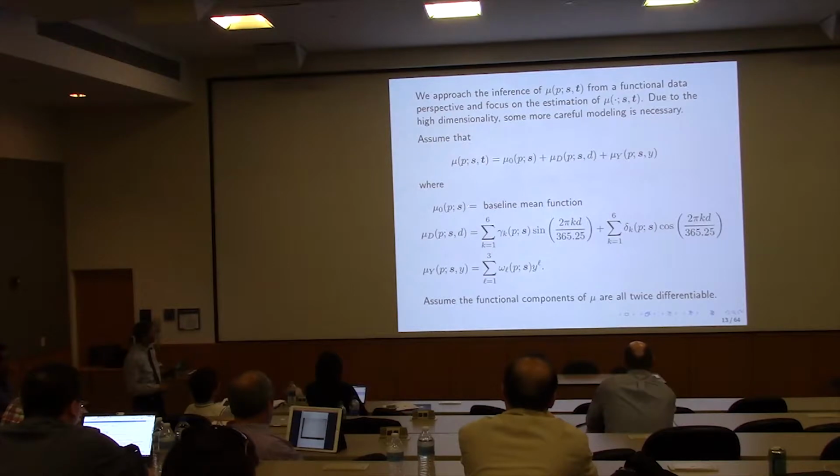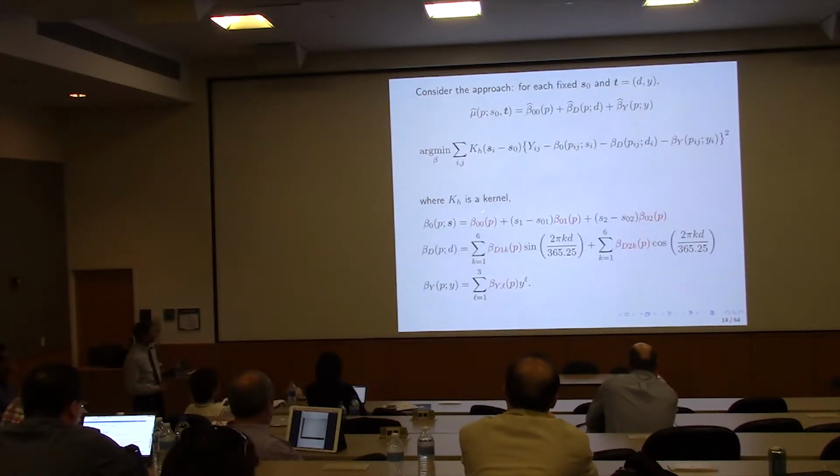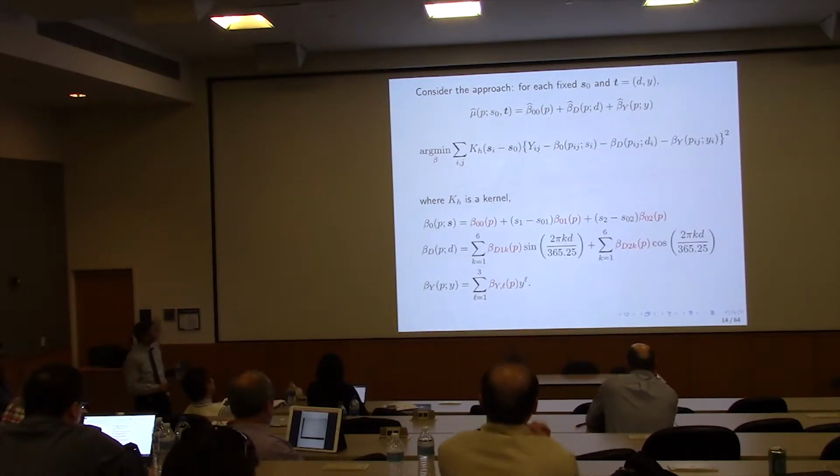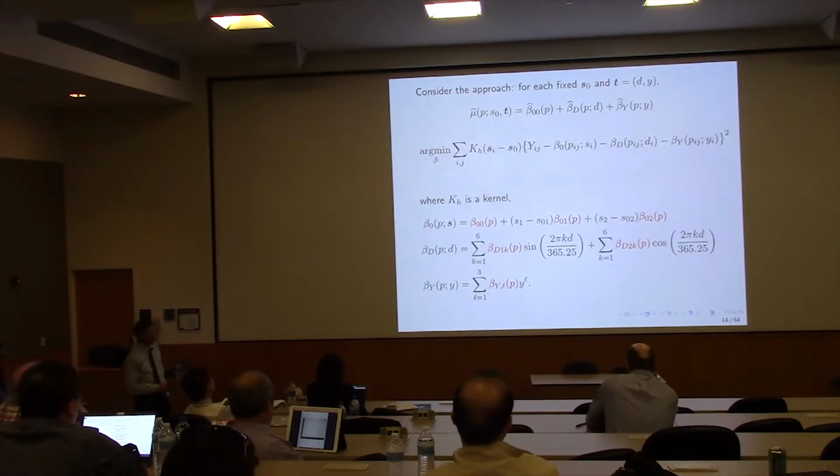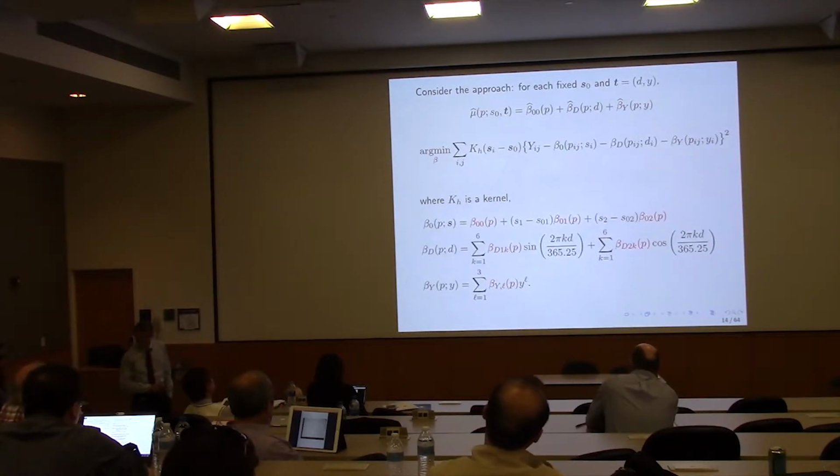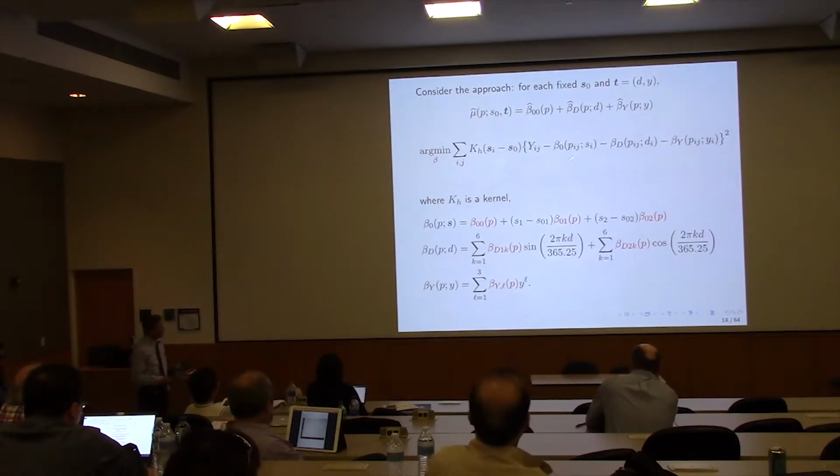Now, to estimate the grand mean, which is this guy here, I'm going to do a functional Taylor expansion, to account for the fact that Yij is observed at Si instead of S0.